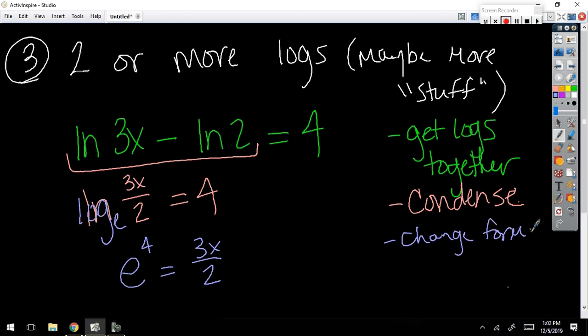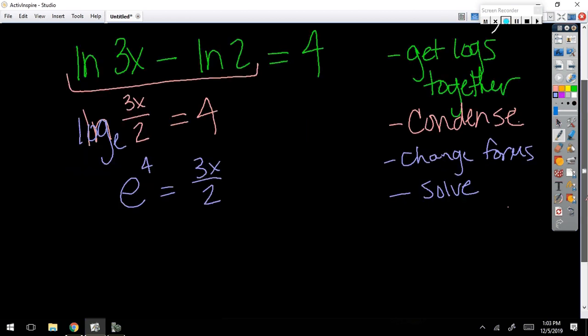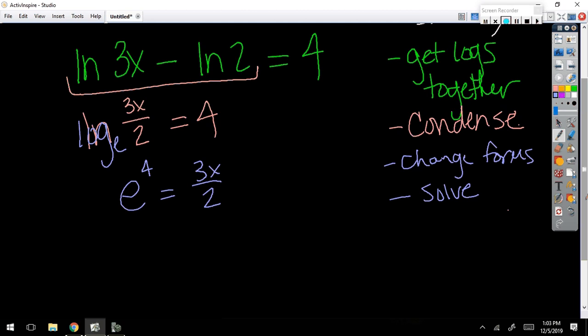Remember the whole goal in the beginning of this was to solve for x. e is a button on your calculator. It is an irrational number. Just like in the others, you found a value for log whatever and it was a crazy decimal. Find the decimal equivalent for e to the 4th. 54.59. And now how do you get x by itself? I would multiply by 2. Or you can multiply by the reciprocal.